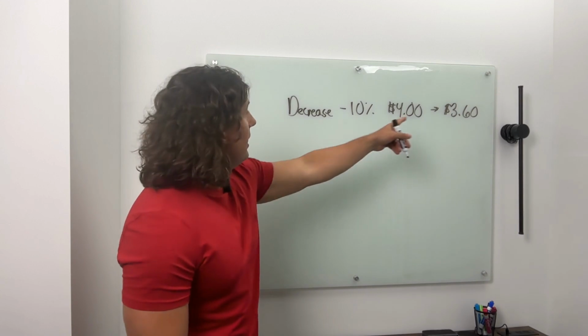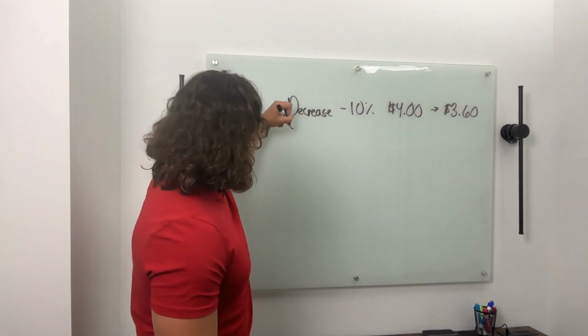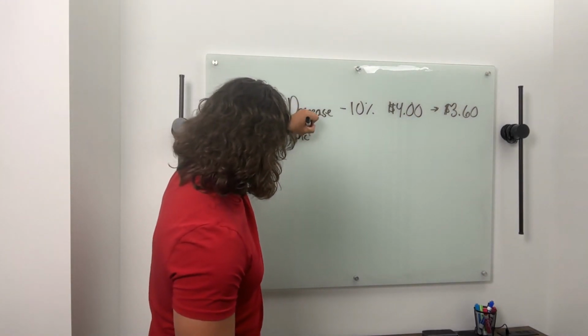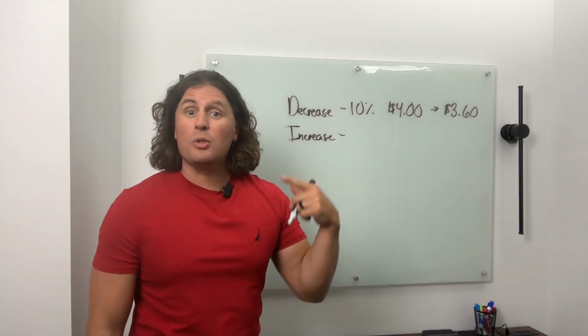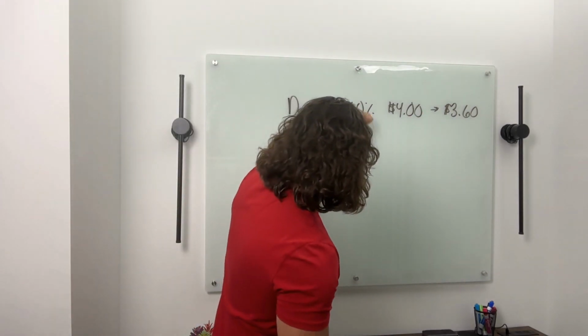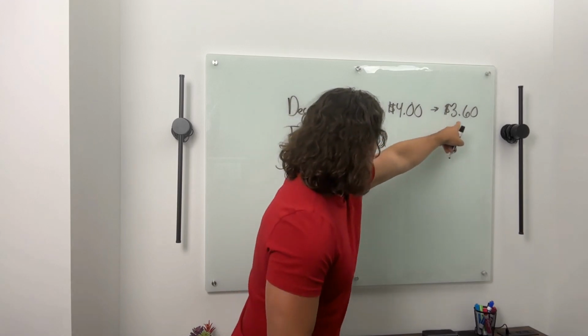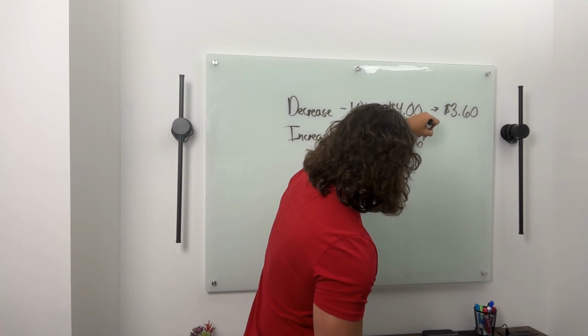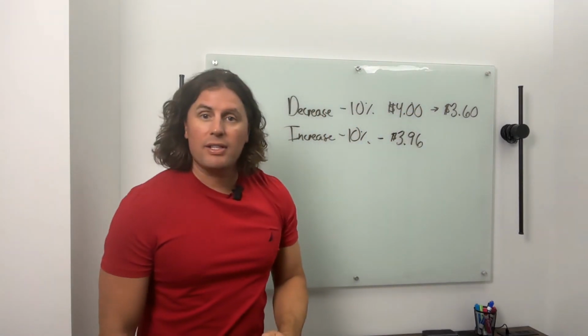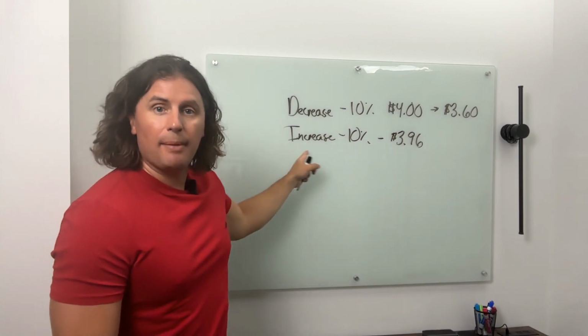Then, if we get an increase of 10%, if it's at 3.60 and it goes up 10%, I'll do the proper math, that goes up 36 cents. So now it's at 3.96. Now all of a sudden, everybody's really upset.